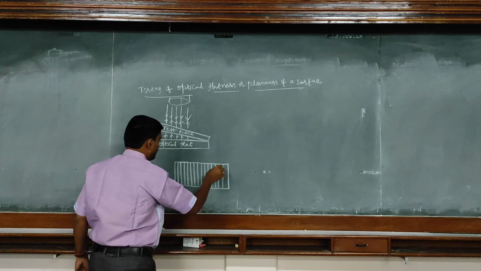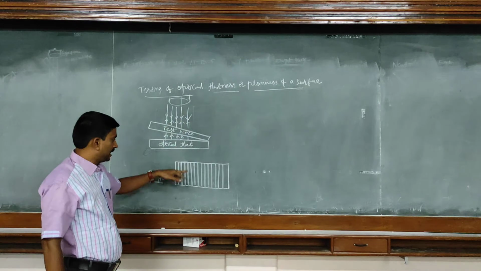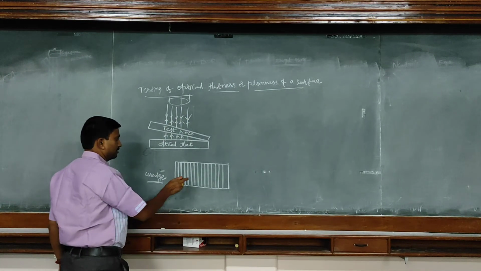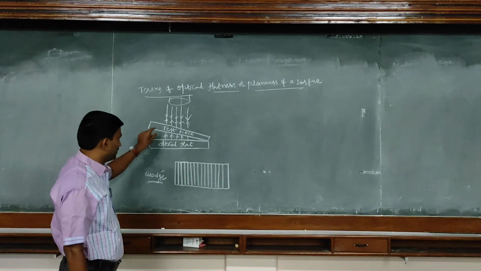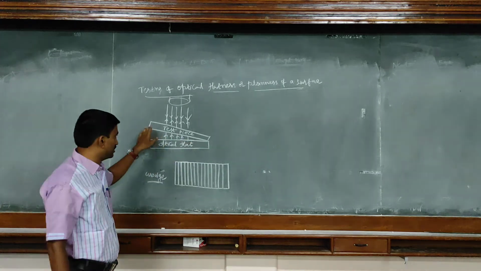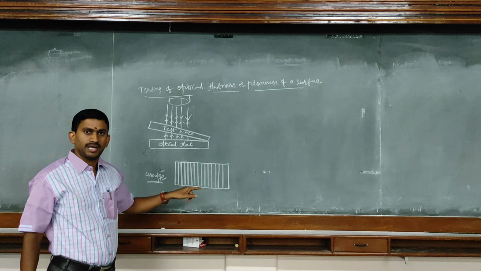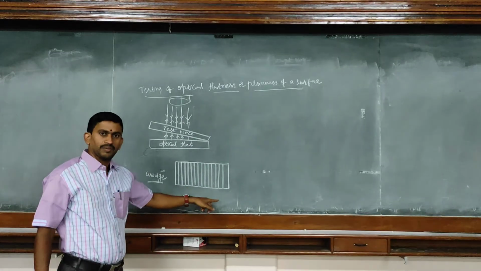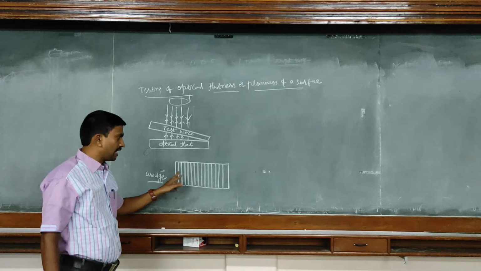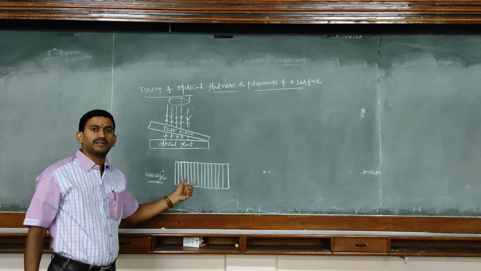When we view through the microscope, these straight line fringes are obtained, provided the test piece is free from all defects. That means if there are no defects on this test surface, the interference fringes are straight lines parallel to each other, and the spacing between any two fringes is also equal.